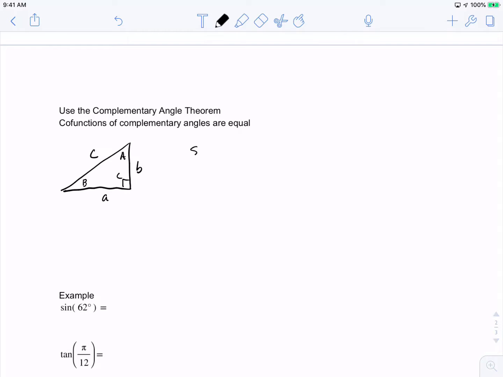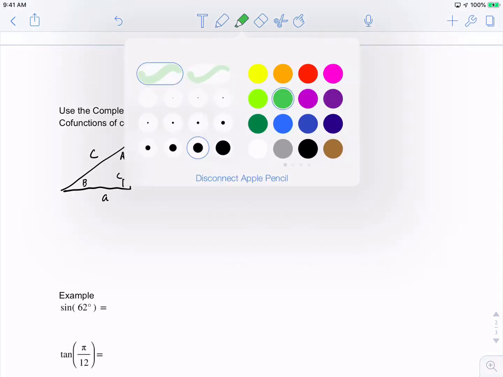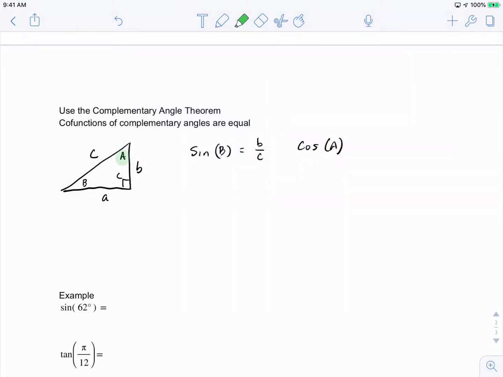So what this is saying is that if sine of angle B, we know is B over C, we also know that cosine of angle A, if this is A, the adjacent of A will be B, and the hypotenuse is C. And so what we can see is that cosine of A is equal to sine of B. So the cofunctions of complementary angles are equal.